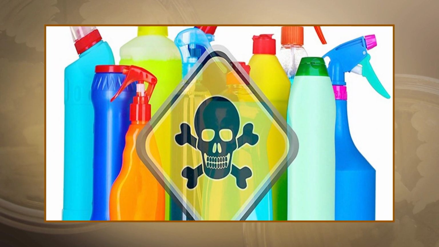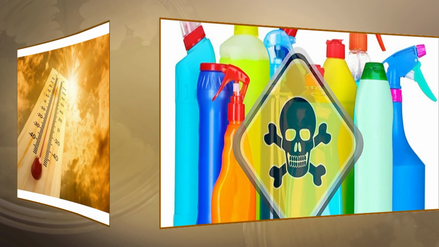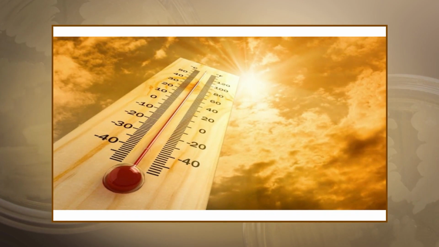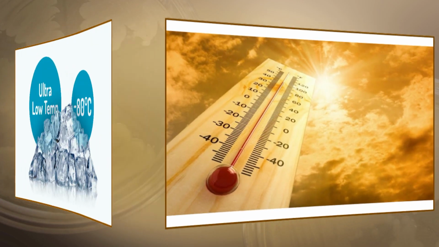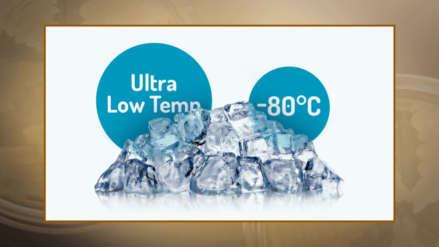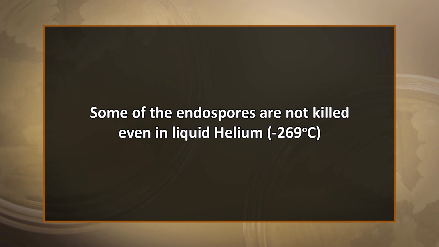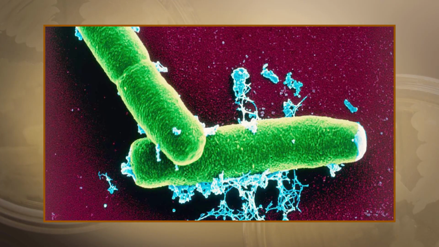Endospores are not affected by toxic chemicals and exposure to high temperatures of 60 to 70 degrees Celsius or low temperatures of -100 degrees Celsius. Some of the endospores are not killed even in liquid helium at -269 degrees Celsius. The endospore of anthrax bacteria can withstand dry heat of 140 degrees Celsius for 3 hours.